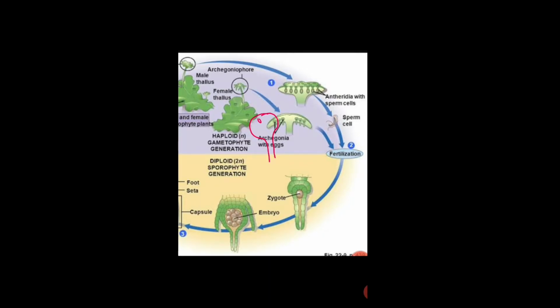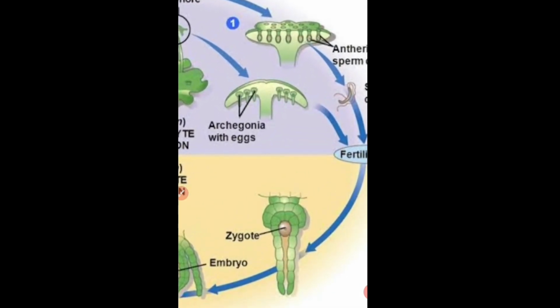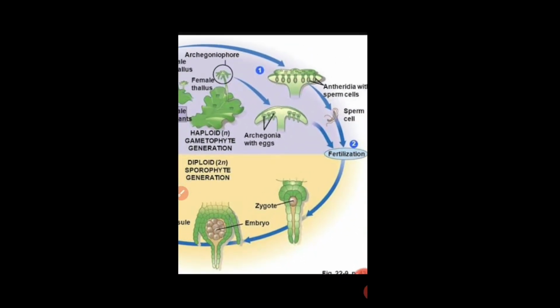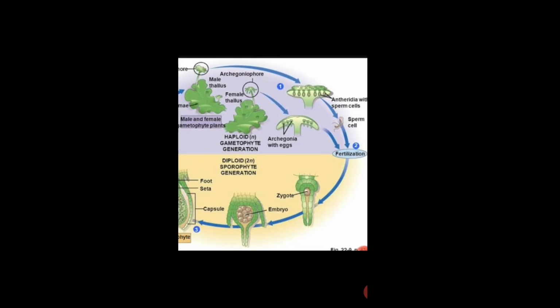And when we talk about male, here that antheridium is of club shape, right, and it produces so many sperm cells which are motile. Now you can see here that sperm cells are released, and these sperm cells enter within the archegonia, and where there is egg cell, here fertilization occurs.